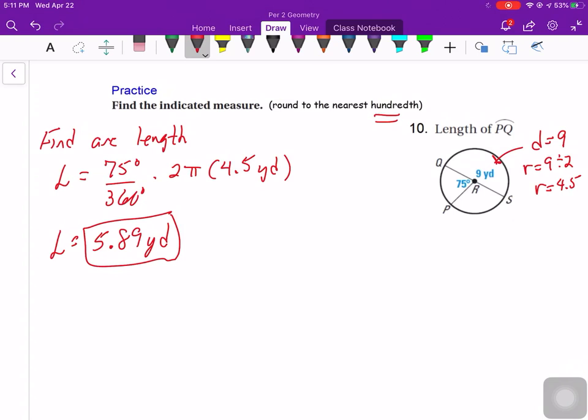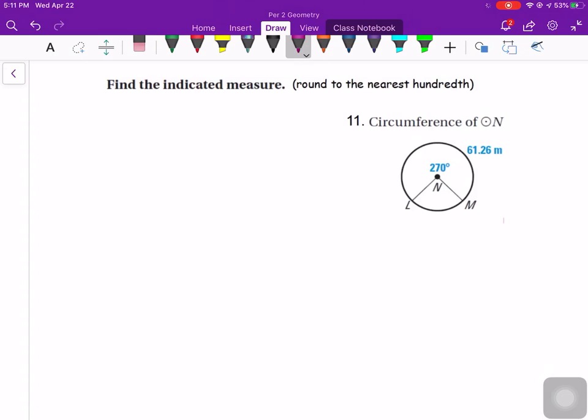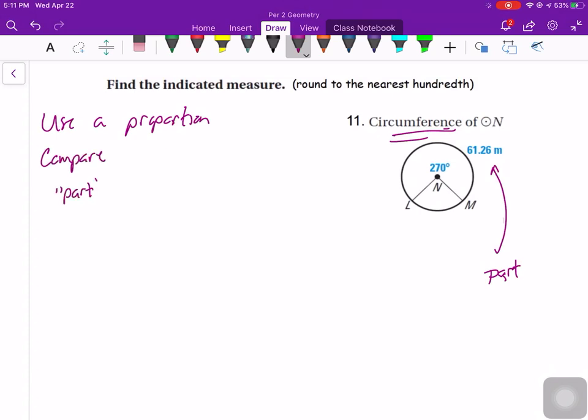Let's try another one. Let's try one of those where we have to use a proportion. So they're asking us to find the circumference, and they give us information about the part. So we're going to use a proportion again. And we're going to compare the part to the whole.